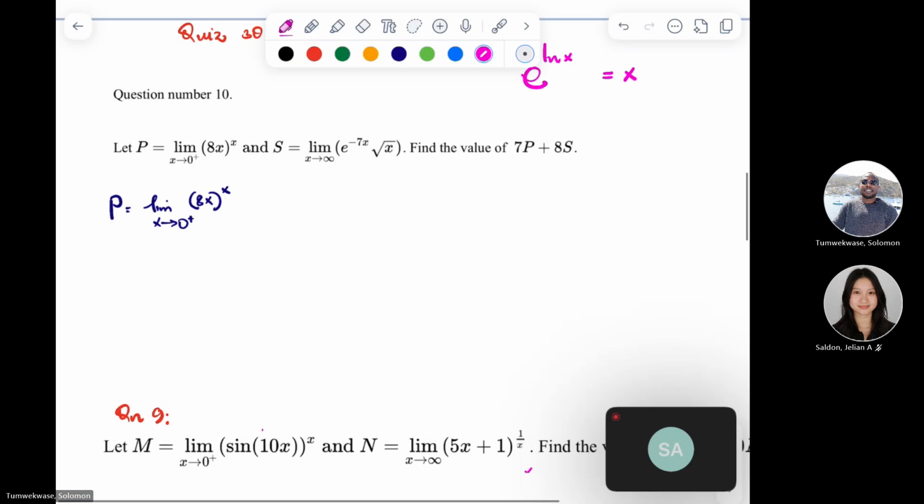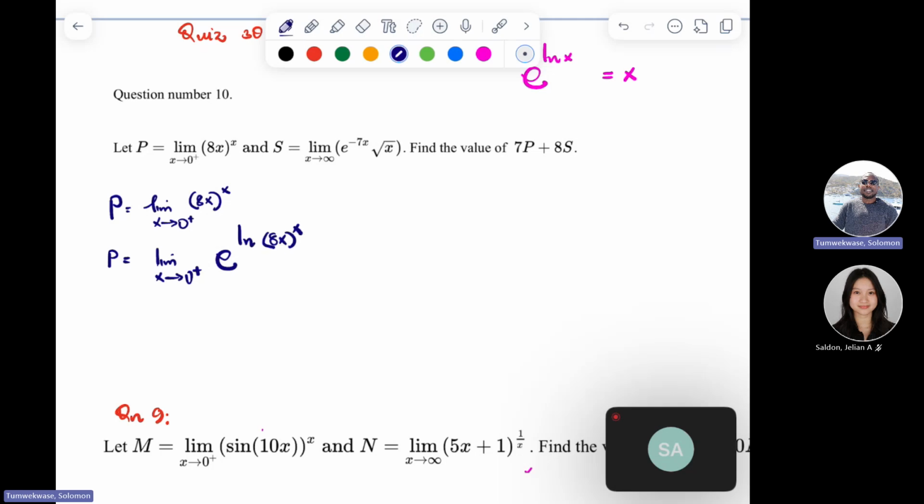So the first step is that P will be the limit as x approaches 0 from the right of e to the power natural log of (8x)^x.